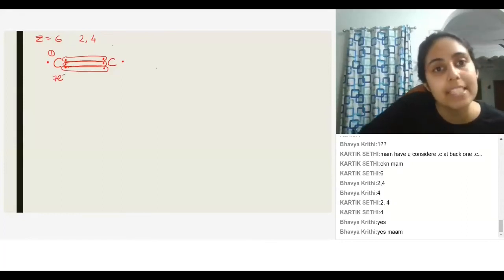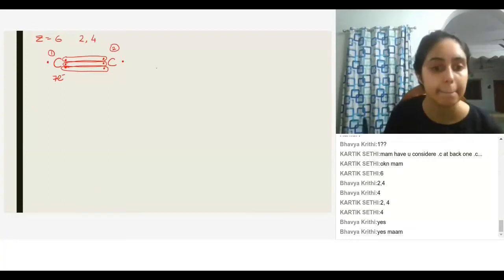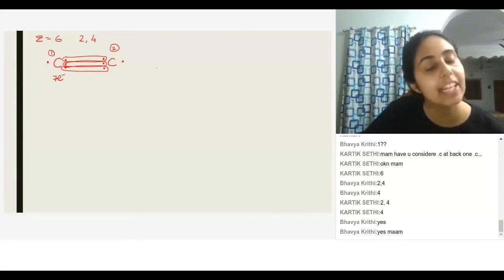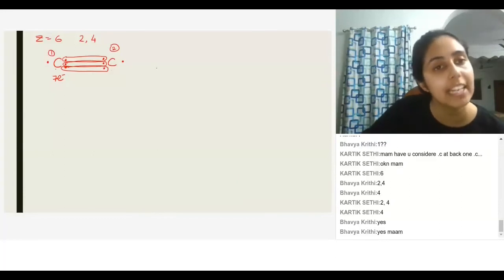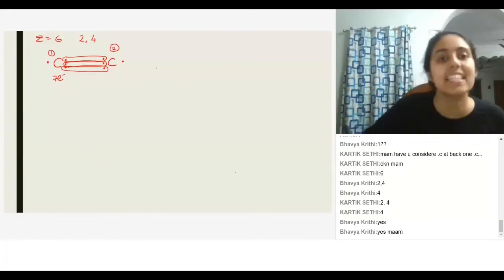Similarly, what about the second carbon? The second carbon is also getting 3 electrons from the first carbon, right? So 3 electrons from the first carbon plus 4 electrons of its own. 7, excellent. So this will also be 7 electrons.